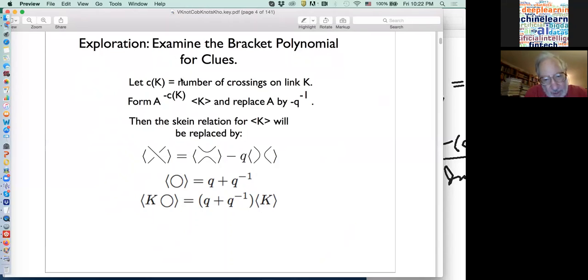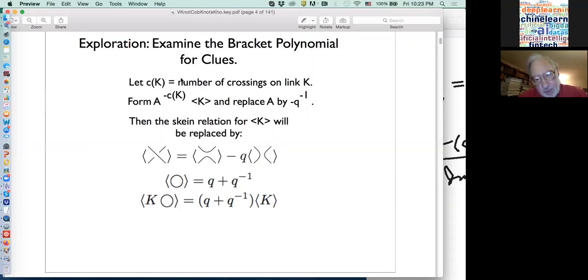And I put a minus q on the B smoothing and a 1 on the A smoothing. And that's my new version of the bracket. You can think of doing that by multiplying the usual bracket by a power of A, and replacing the A by minus q inverse. But you could just take it for what it is. There it is. And then if you have an extra loop, you multiply by q plus q inverse.